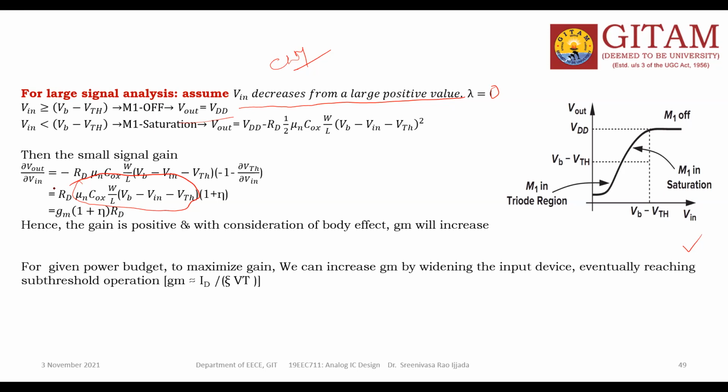The only thing in our hand is the aspect ratio of the transistor. By changing the dimensions of the transistor, you can increase the gain. With more width of the transistor, you will get more GM transconductance value.